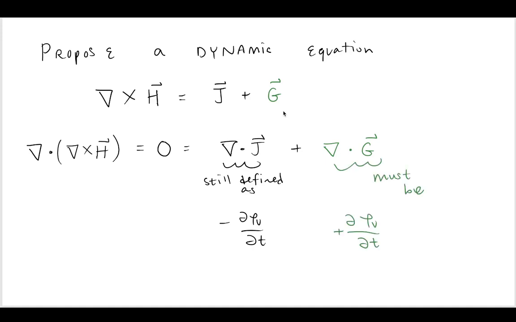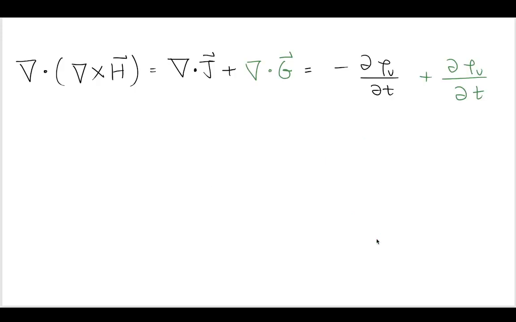But because the left side is equal to 0, the divergence of G must be the positive partial derivative with respect to time. So we can rewrite it like this, where our new placeholder G is equal to these two partial derivatives. So we have two things that add up to equal 0 when we are taking the divergence of both sides.